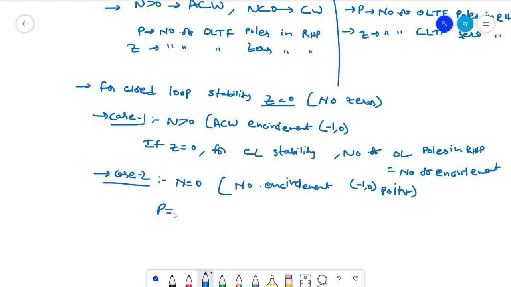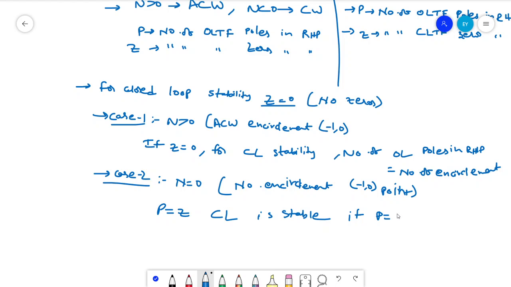So in this case the closed loop system is stable if P is equal to 0.